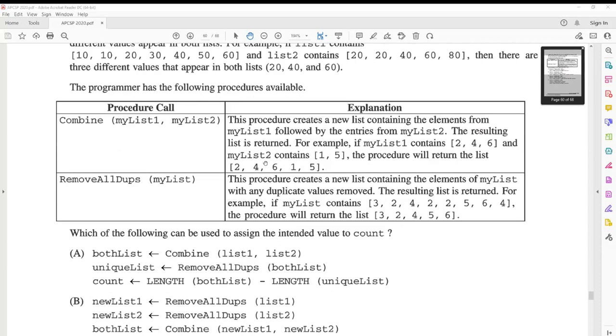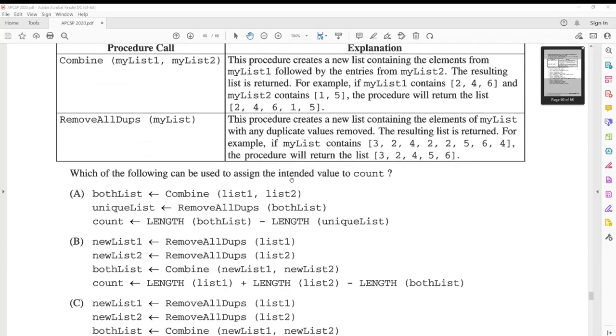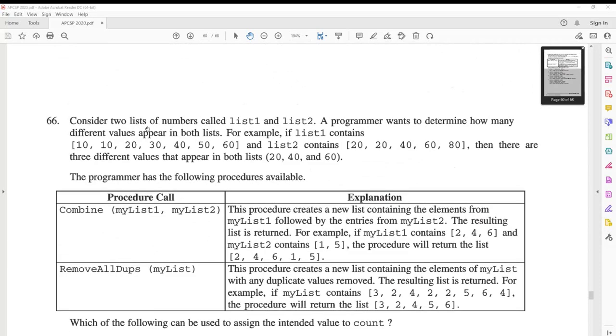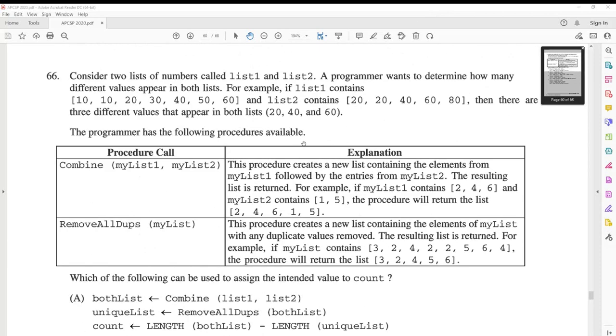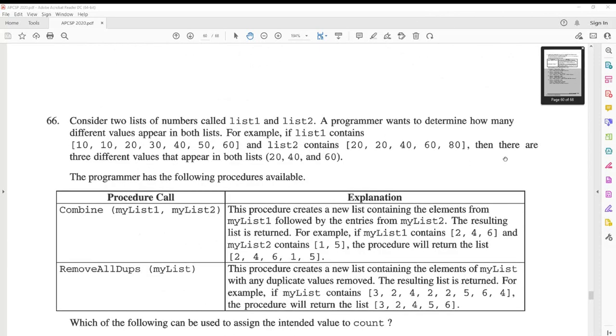Now, which of the following will assign the intended value to count? Consider two lists, list 1 and list 2. The programmer wants to determine how many different values are in both. So you need to combine, remove the duplicates, and then count.